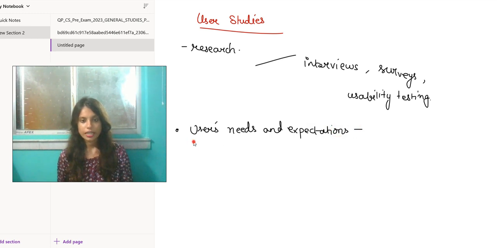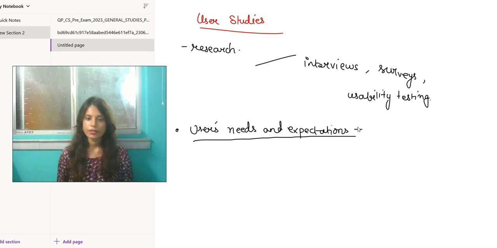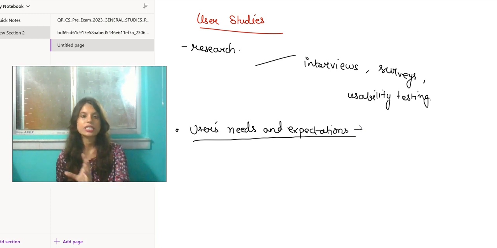If we fulfill them, then we can understand the needs and preferences of the users better. So user studies can be used to gather information about the users' needs, about what they expect from a product or from any service or technology, and this information can be used to design the products and services that meet the needs of the users.